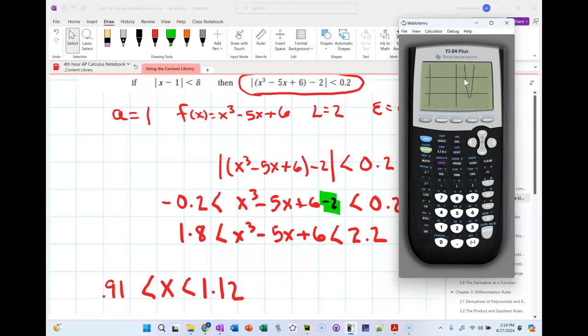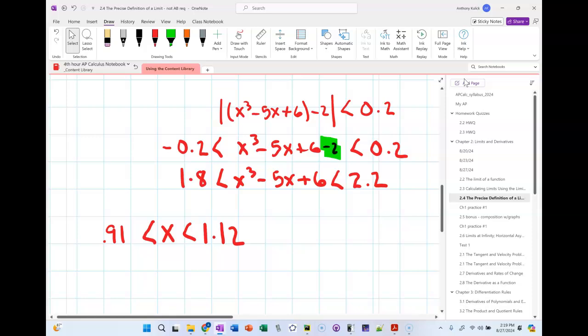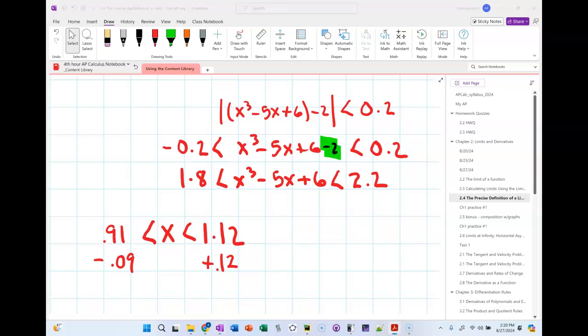Okay. If I look at this, so this is plus 0.12 above 1. And this guy is basically like less 0.09 below 1. So what do you notice here?